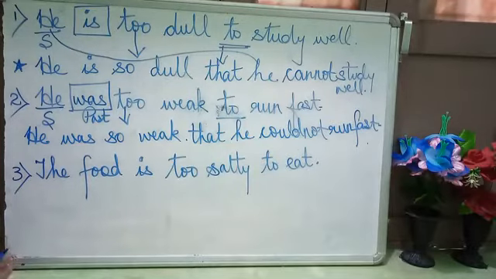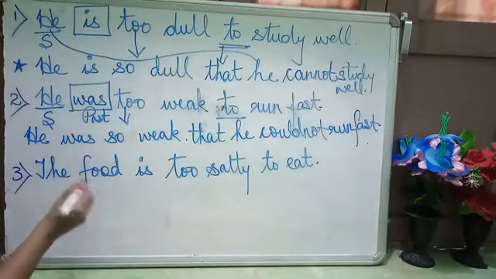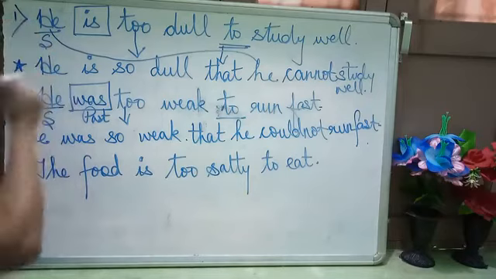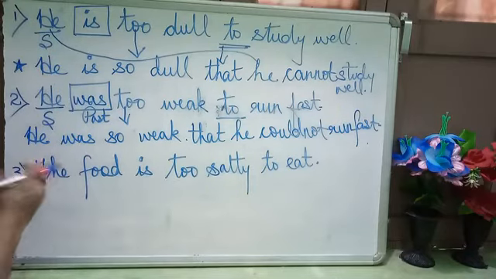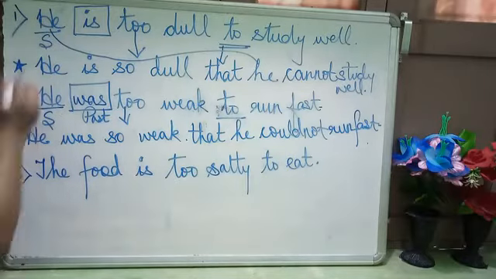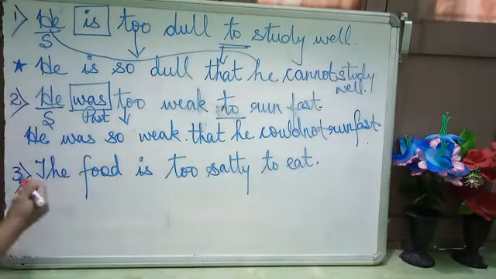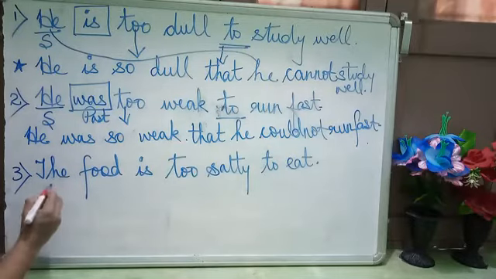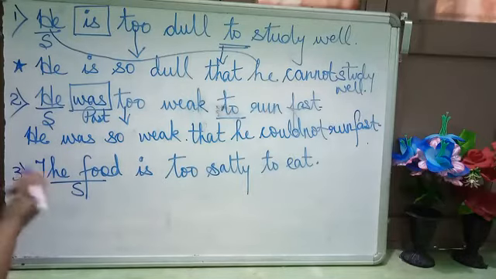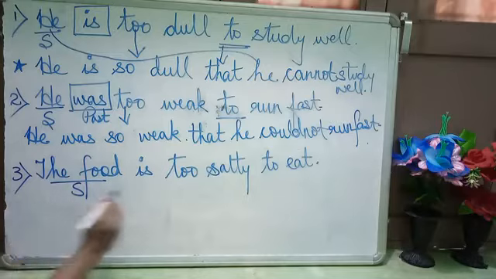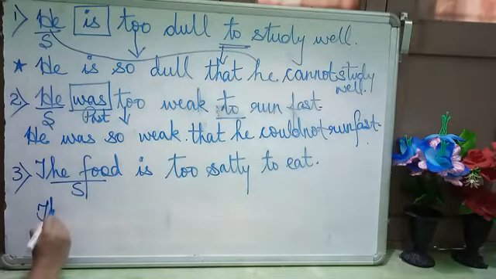Here in the subject you can see some difference between the first and second sentences. In the first and second sentences the subject was a person. Here in the third sentence it's not a person, is it? It is the name of a thing. So some rules you have to change now. Let us see.